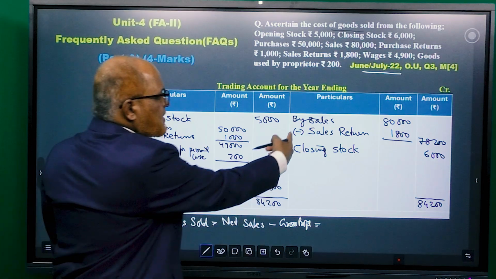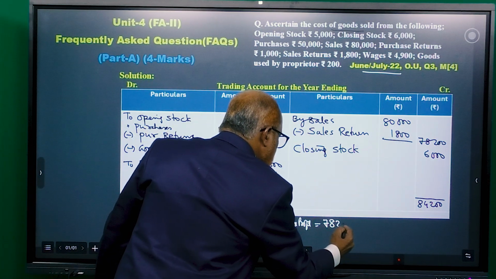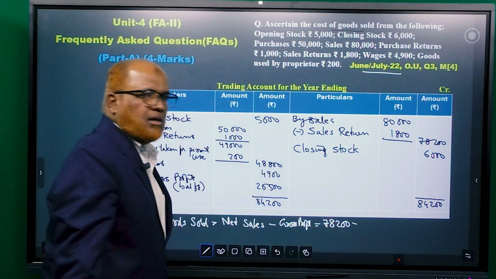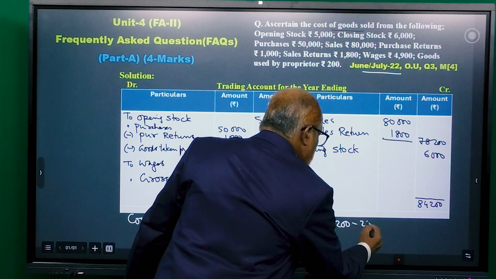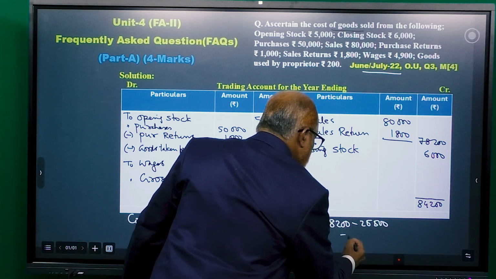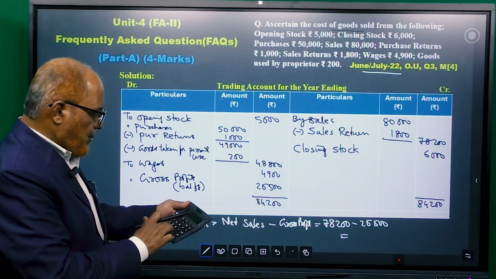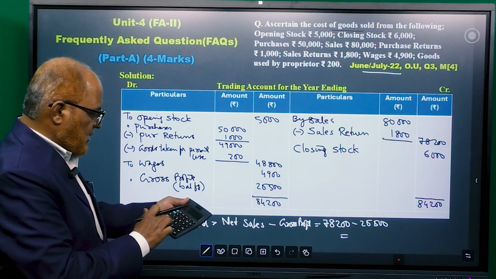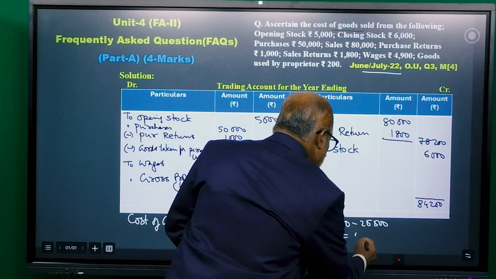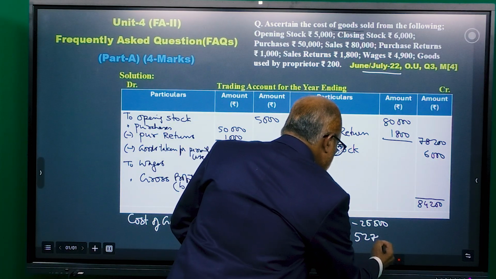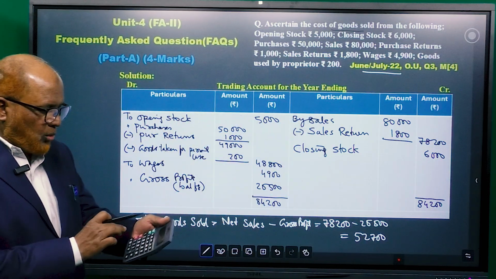Already we have deducted sales return. How much are the net sales? 78,200. So 78,200 minus gross profit. Just now we got 25,500. So 78,200 minus 25,500 comes to 52,700. 52,700 is the cost of goods sold.